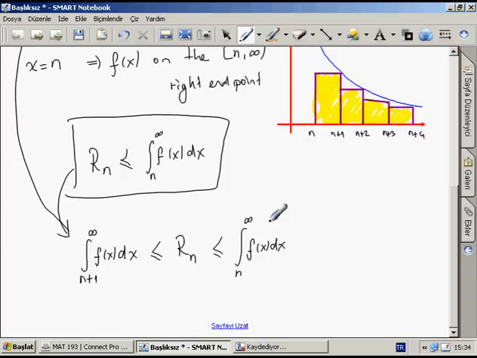So provided we can do these integrals, we can get both an upper and lower bound on the remainder, and this will in turn give us an upper bound and a lower bound on just how good the partial sum S_n is as an estimation of the actual value of the series.